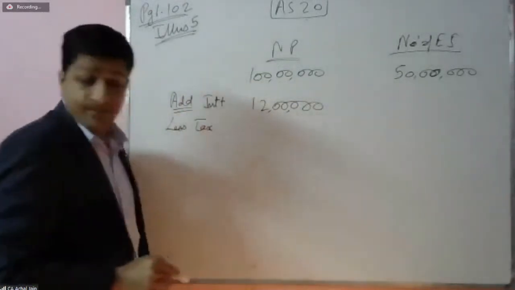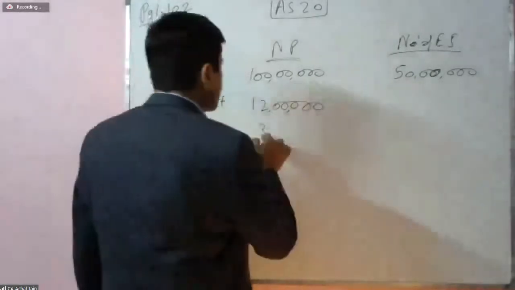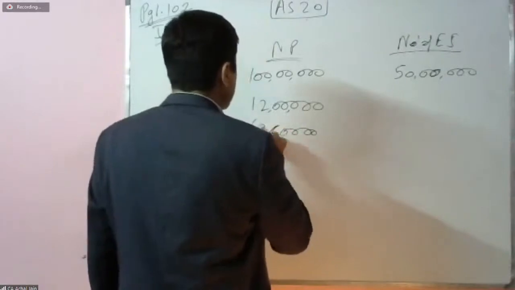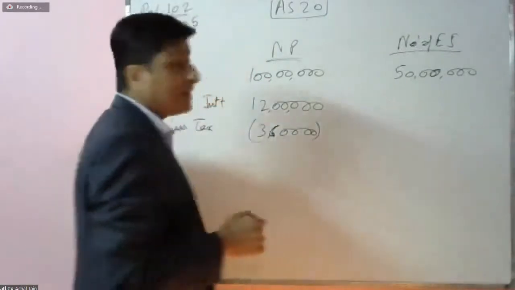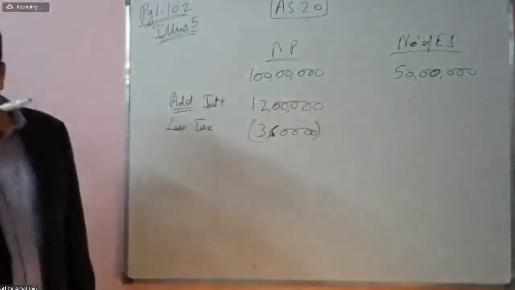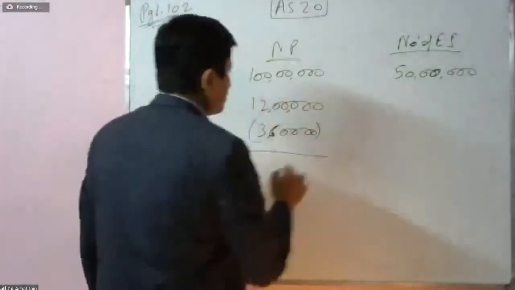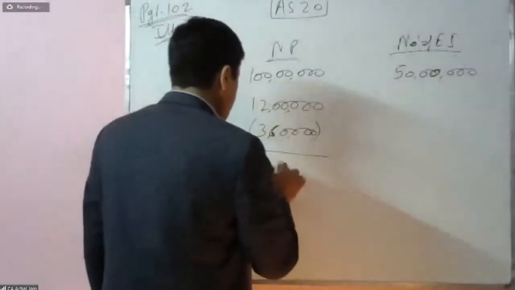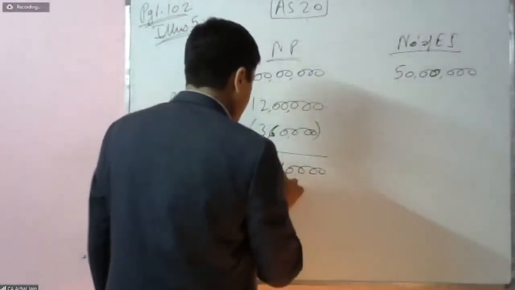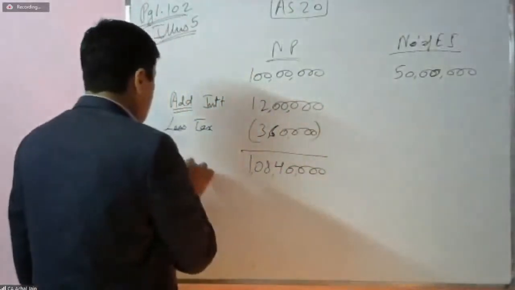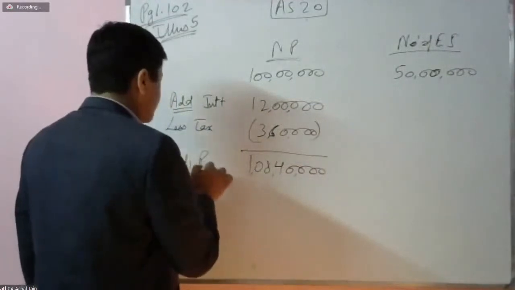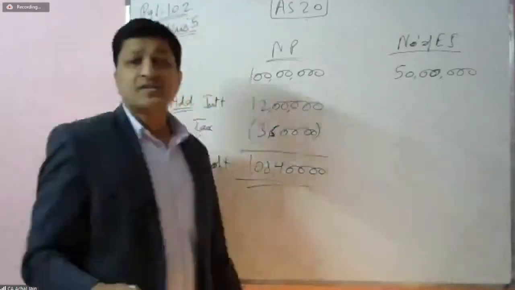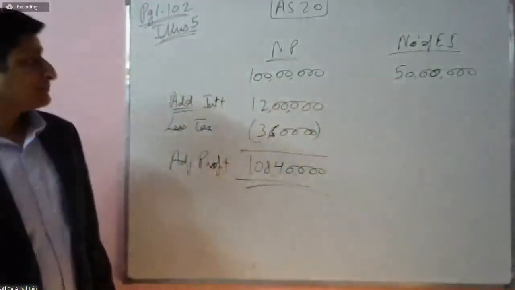Less tax, 3,60,000. So what do we get? 1,08,40,000 is the adjusted profit. Correct?